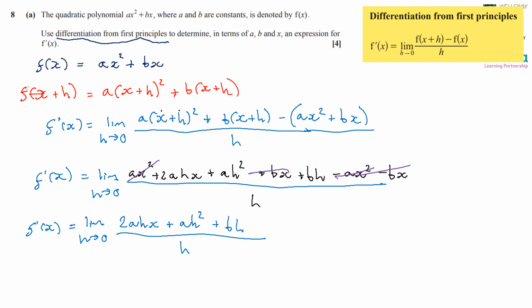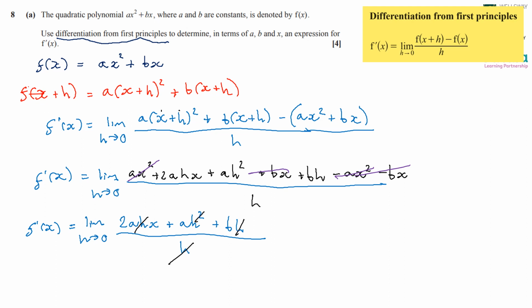Then an h can cancel from each of these things, because we've got h here, h here, and h here.